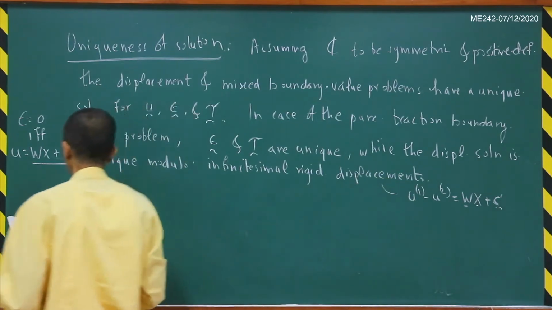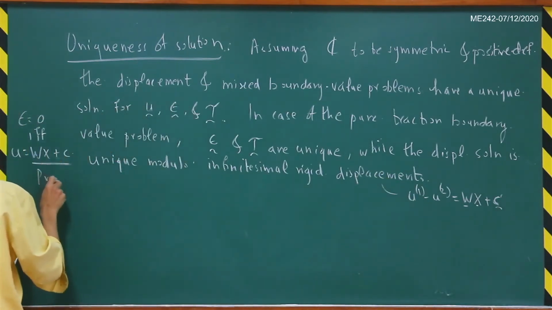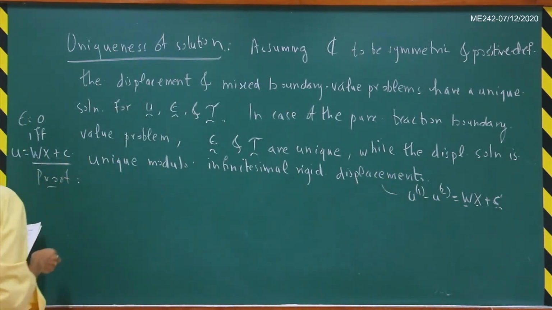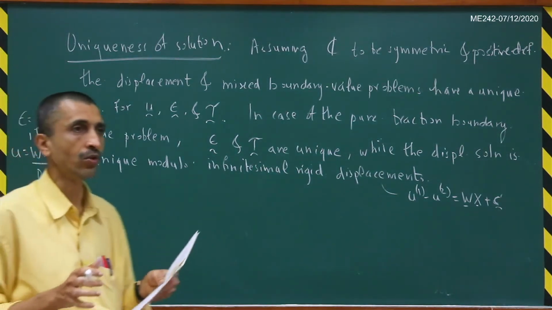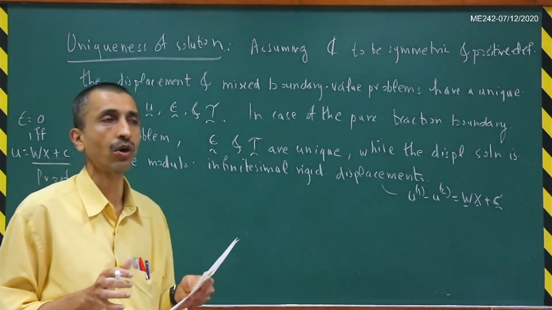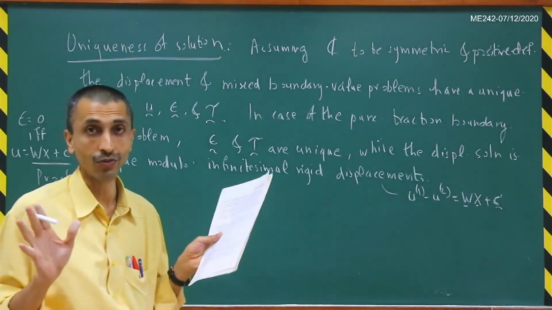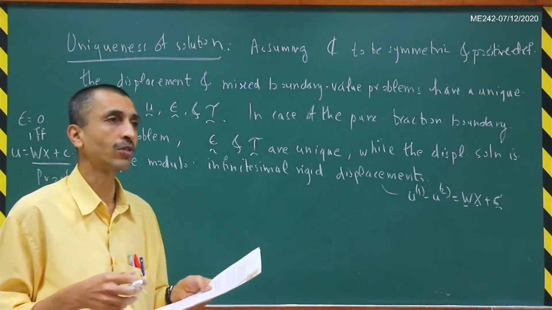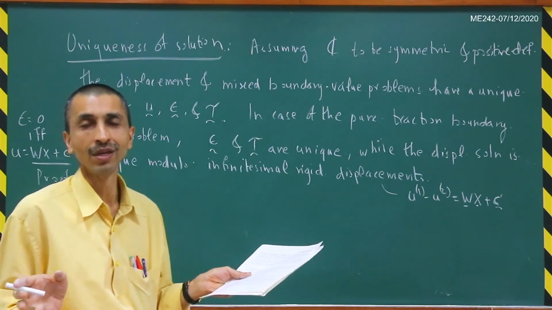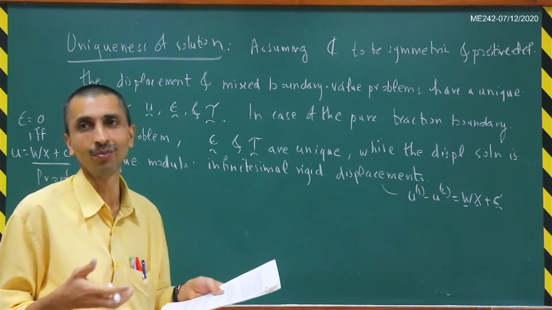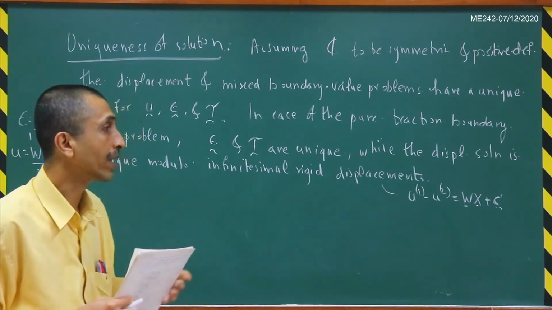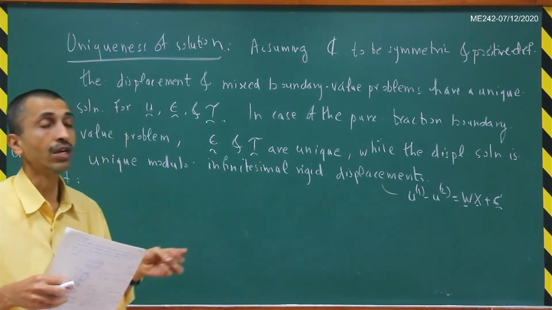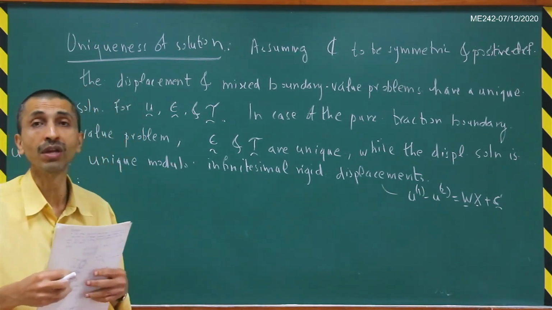So proof of this. Before proving uniqueness, one should always prove existence. That is very, very important. Suppose there is no solution that exists, then it is pointless to try and prove uniqueness of a solution, right? Proving existence of the solution is an extremely hard problem.